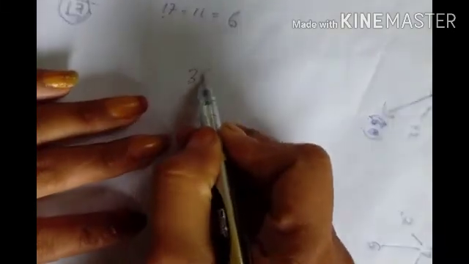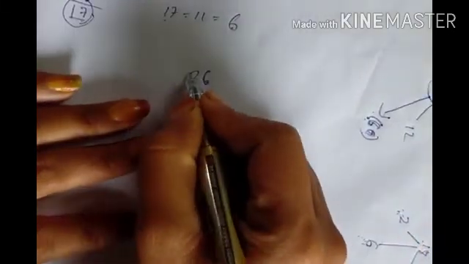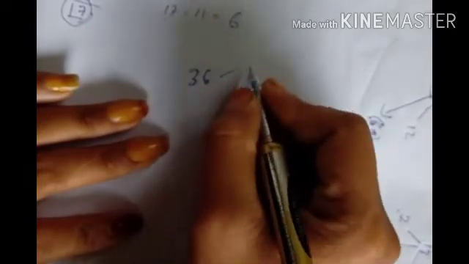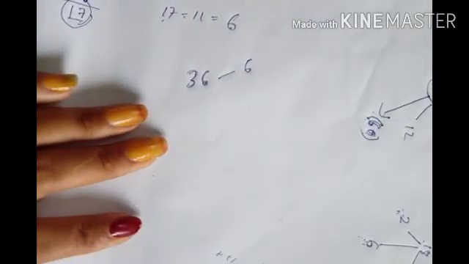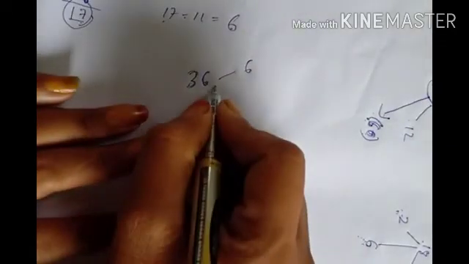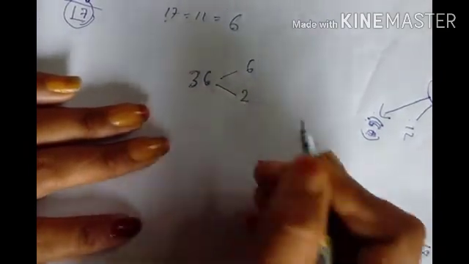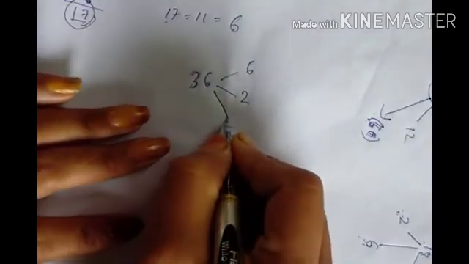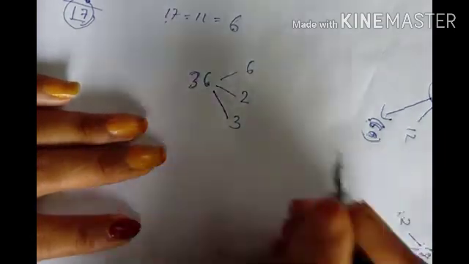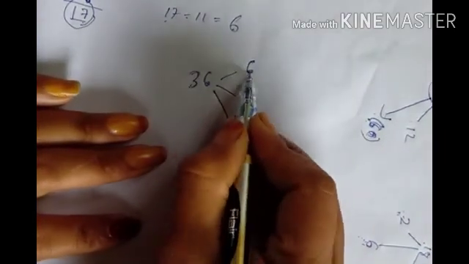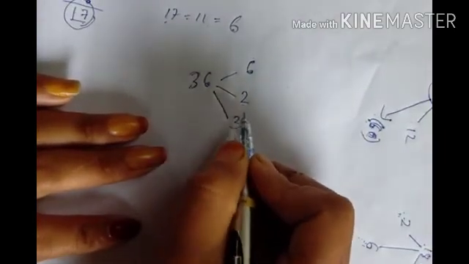Again I will give you one example. Suppose I write here 36. Now you can see 36 is divisible by 6, and also 36 is divisible by 2 and also by 3.